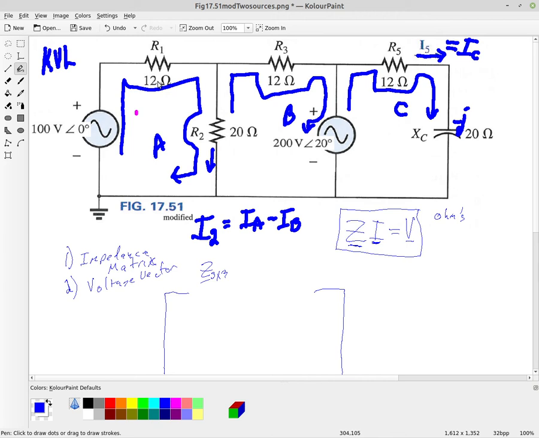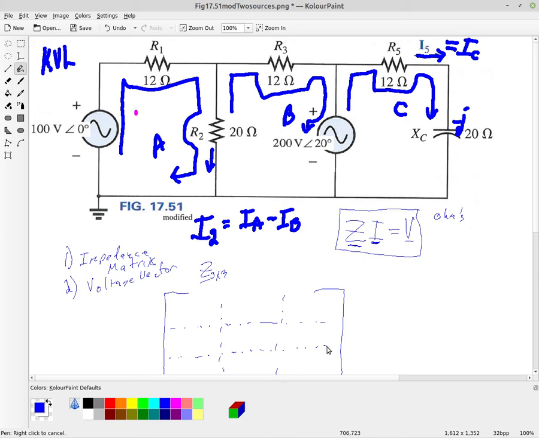So what we have here is loop A. If we separate this into 3 columns and 3 rows, this is going to be column A, column B, column C, and this is going to be row A, row B, and row C.